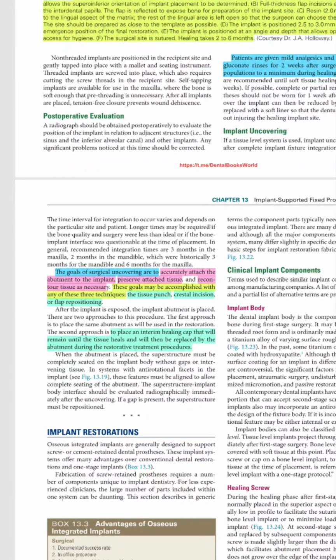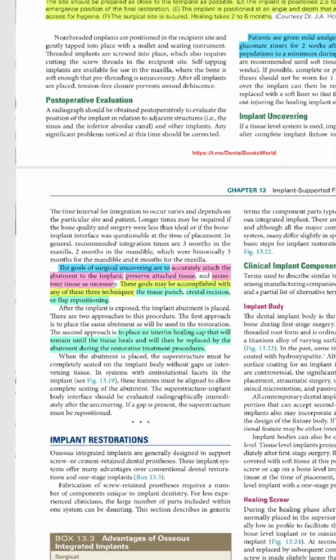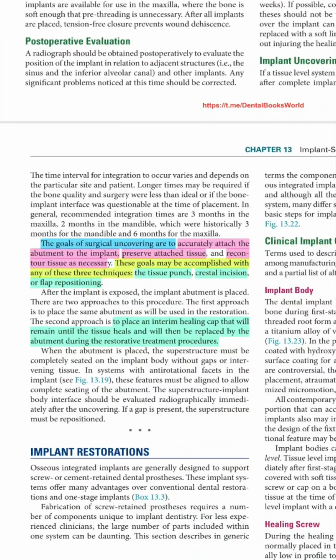After this time, when we reach the second stage of surgery, we uncover the area of the implant to attach the abutment, and recontour the tissue if necessary.